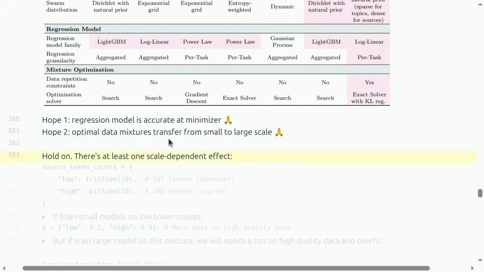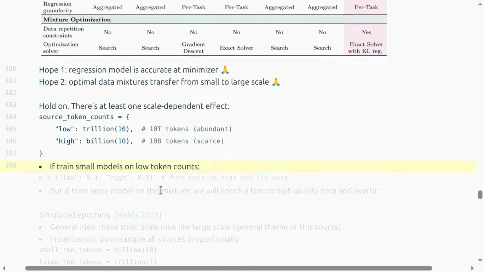Okay, so hold on. There's one scale-dependent effect that we already talked about, and we need to address here. Imagine we have a lot of low-quality data, 10 trillion tokens, and 10 billion tokens of high-quality data. If we train a small model on low token counts, remember what happens.